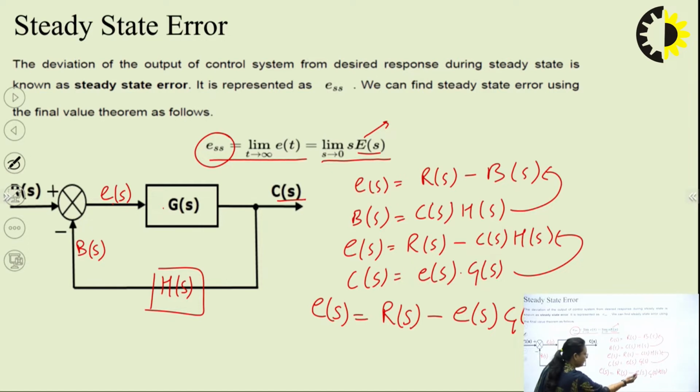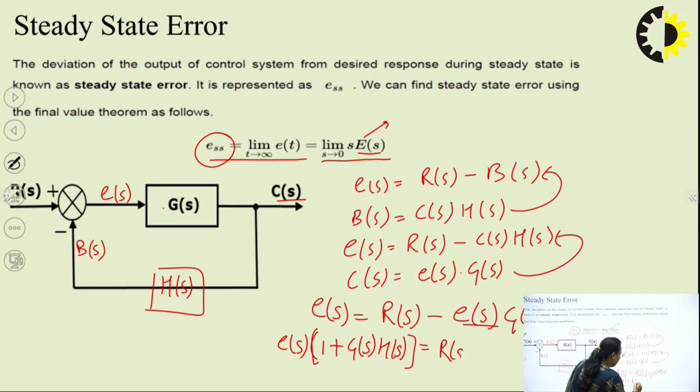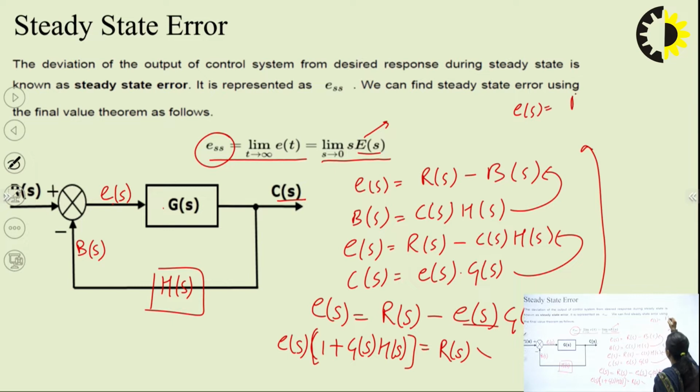When I shift the E(s) part to the left side and take E(s) as common, I get 1 plus G(s)H(s) into E(s) equals R(s), and from here E(s) equals R(s) upon 1 plus G(s)H(s).